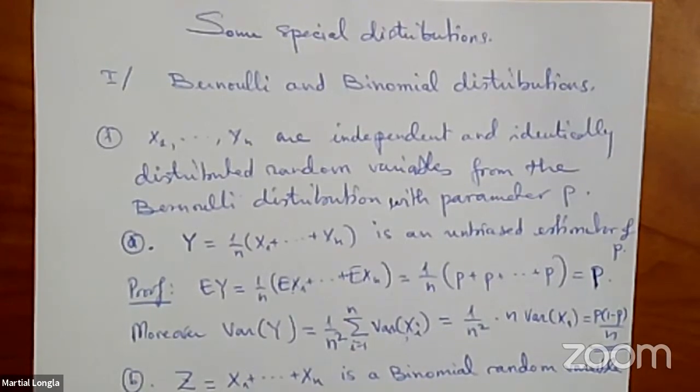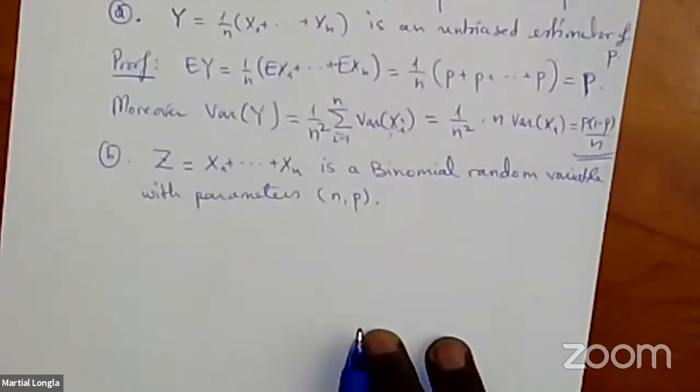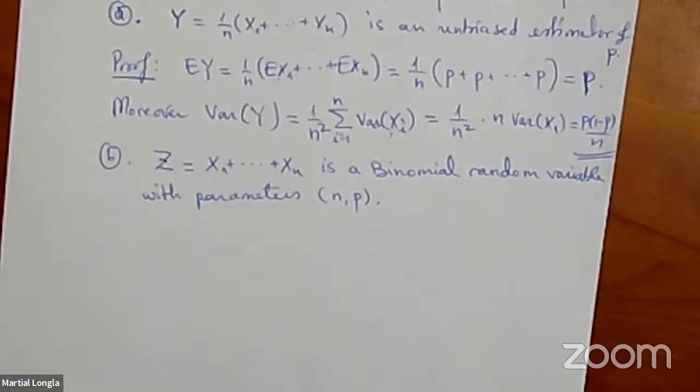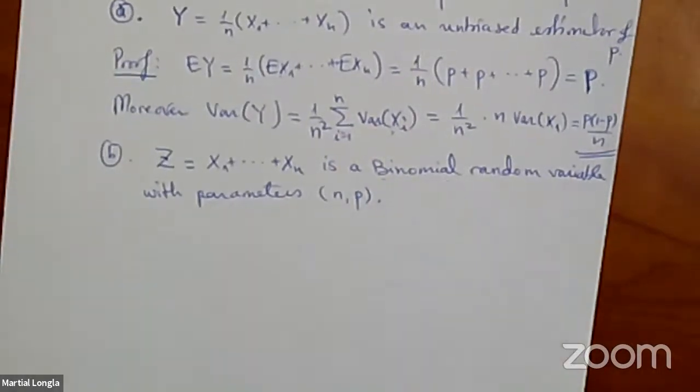So the random variable z, the sum of those independent and identically distributed Bernoulli random variables, is the binomial random variable. We talked about the binomial random variable earlier, right?